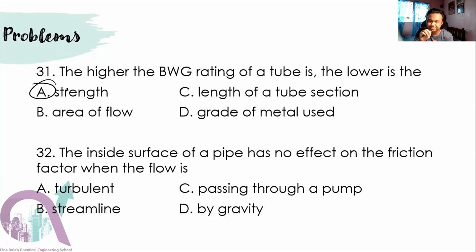Okay, so number 32, the inside surface of the pipe has no effect on the friction factor when the flow is turbulent. It is studied, but the nature of turbulent flow is chaotic and not orderly.